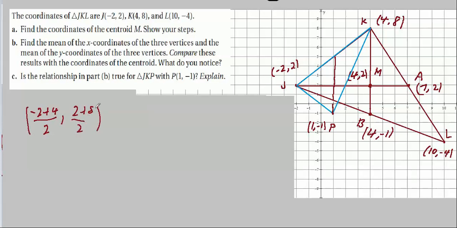Okay. And that's 2 over 2 is 1, and 10 over 2 is 5. So that's the midpoint over here. Write it in, 1, 5. Guess I can call that point C. Haven't used that letter yet.